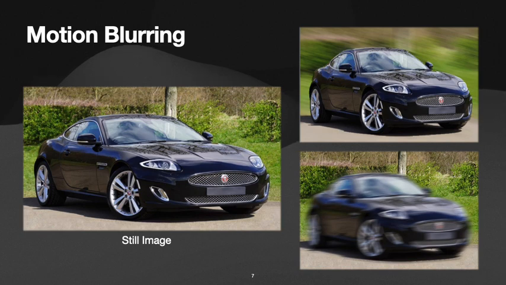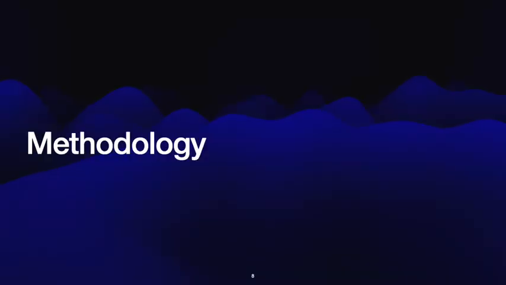It could be the foreground or the background or multiple objects in the scenes. As you can see here, the car could be animated to have motion blur, or it could be the background in the scene. So coming to the method, I've briefly cut down the whole process into 3 steps.